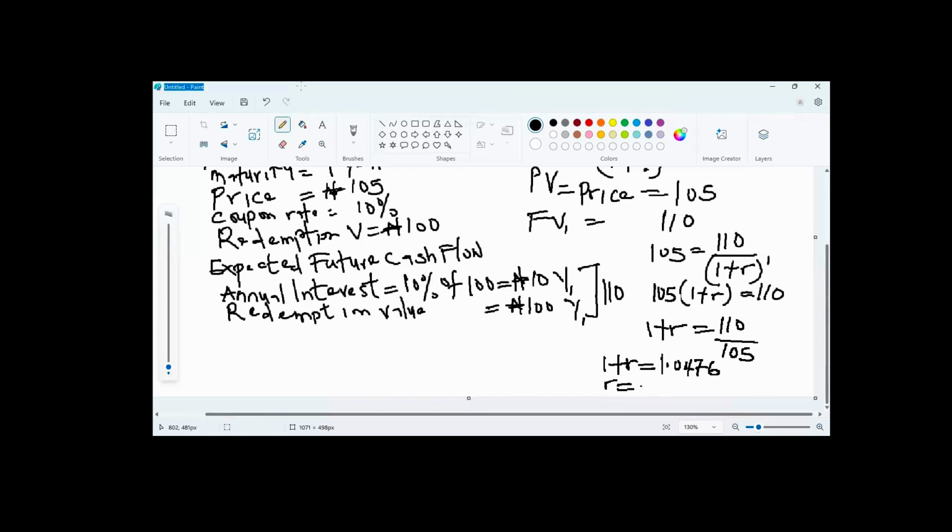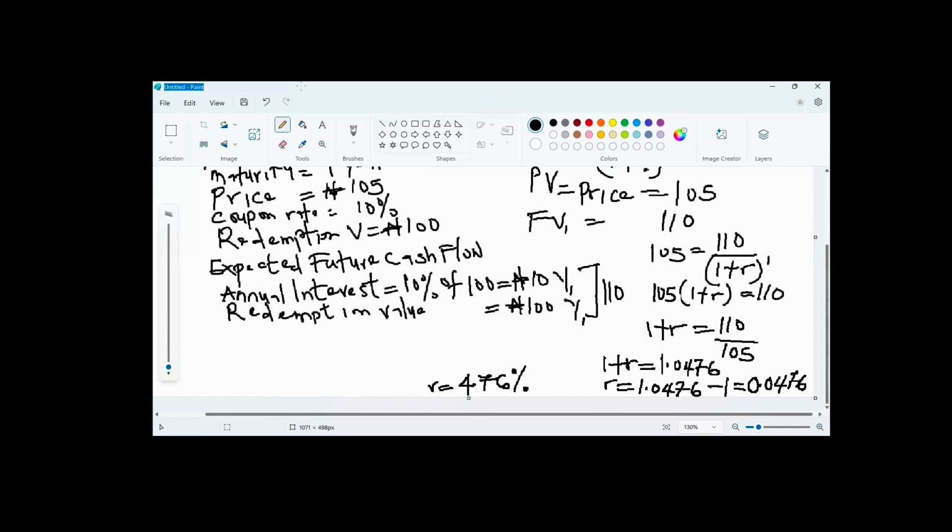R is equal to 1.0476 minus 1. This will equal to 0.0476. Our R in percentage is equal to 4.76%.